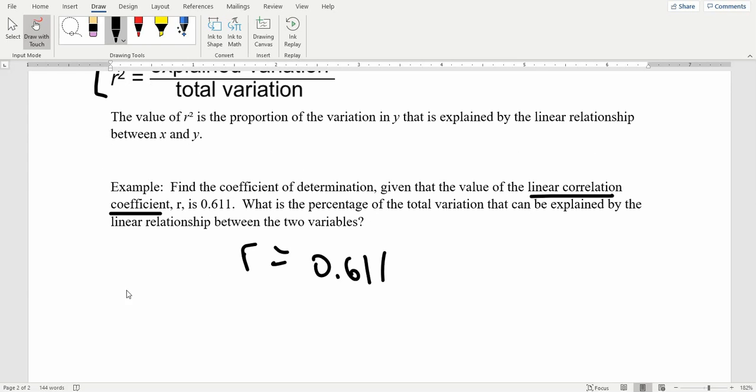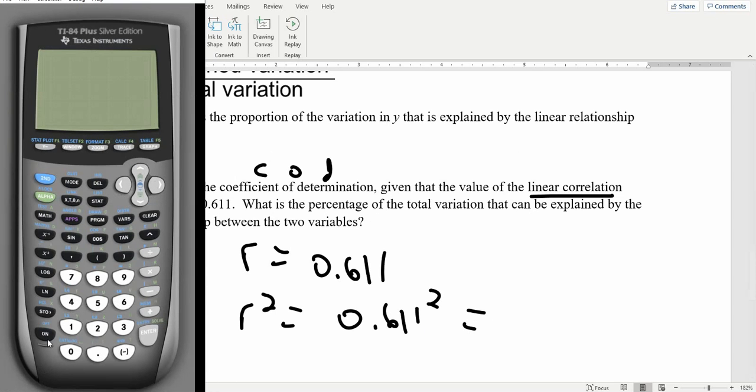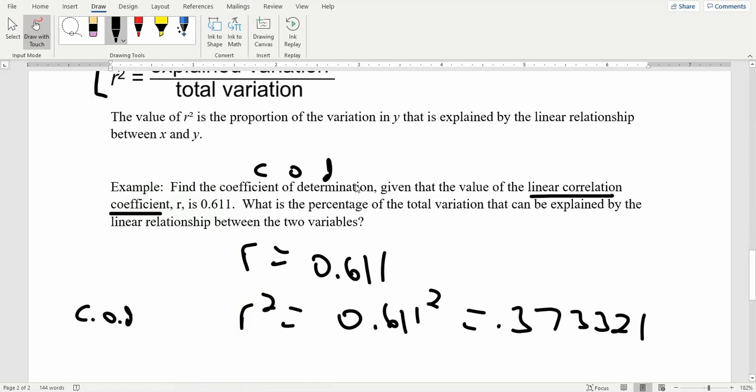The coefficient of determination, let's just call it COD, is r squared, so all you do is take 0.611 and square it. 0.611 squared, and we get 0.3733321. So that is the coefficient of determination.